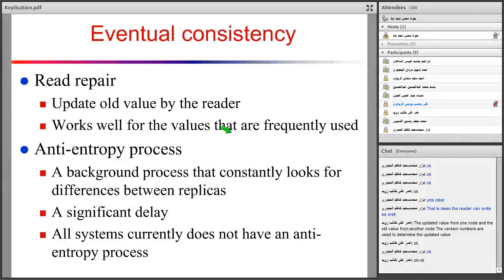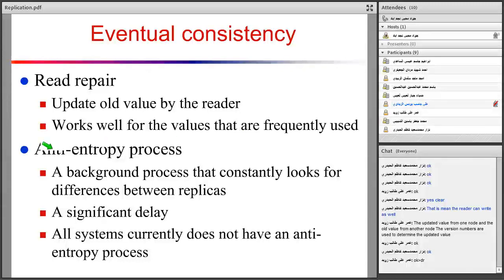Okay, I want to talk about the anti-entropy process. The anti-entropy process is a background process that constantly looks for differences between replicas. For the values which are not frequently used, these values can be different between replicas.